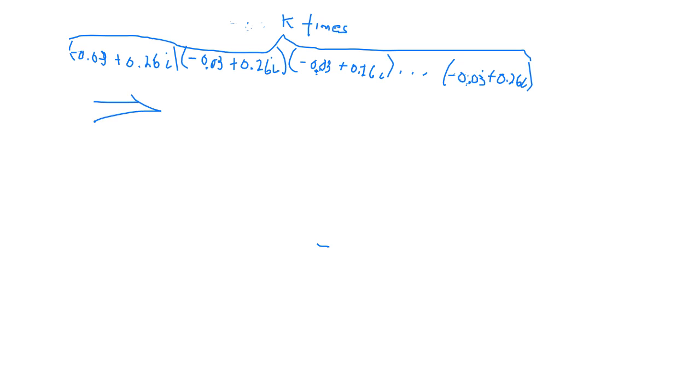What do you think this is going to go to? I like to have things look nice. What do you think that's going to go to as k goes to infinity?